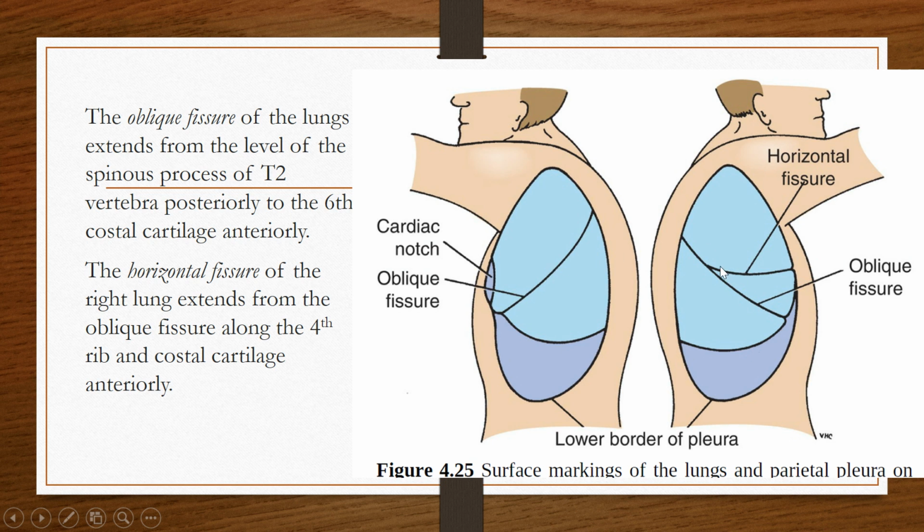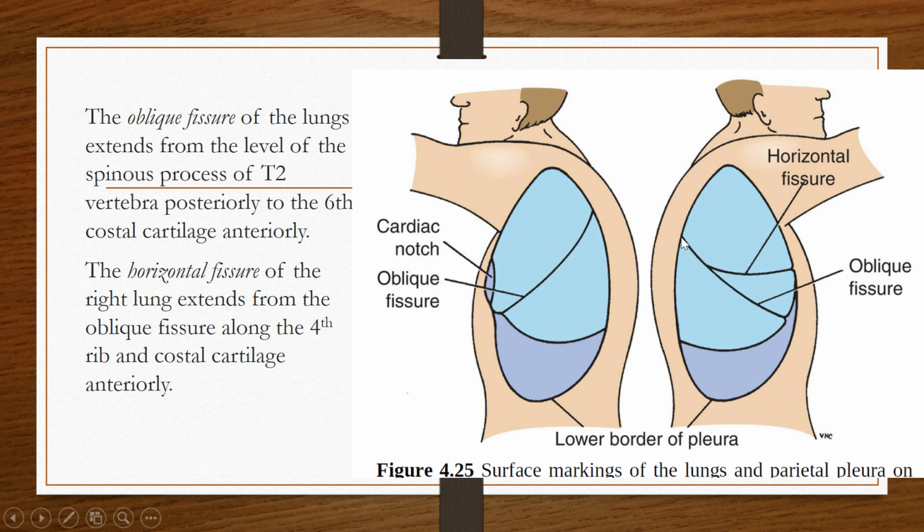The horizontal fissure of the right lung extends from the oblique fissure. See here, it meets the oblique fissure along the 4th rib and costal cartilage anteriorly. I will revise again the surface marking of the fissures. In the right lung, there are 2 fissures, the oblique fissure and the horizontal fissure.